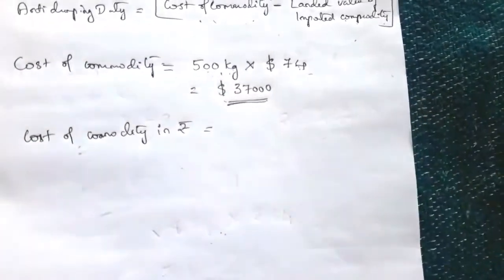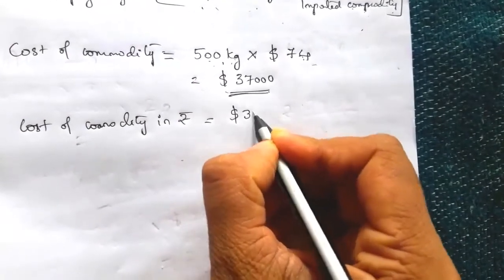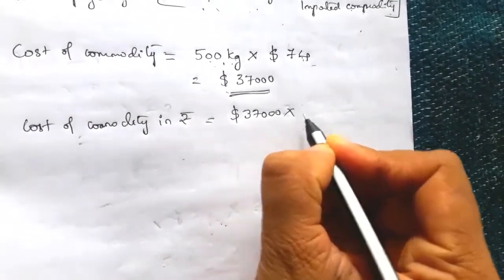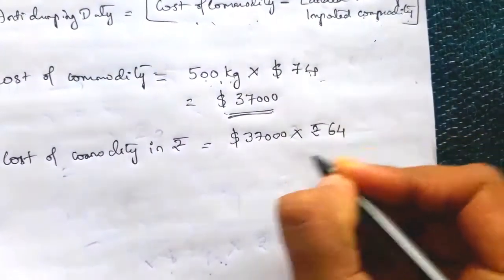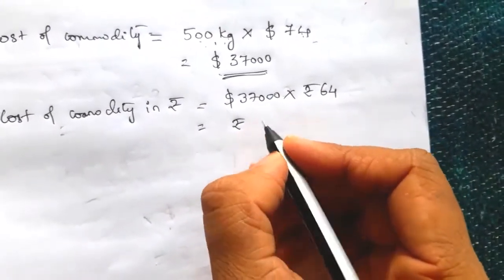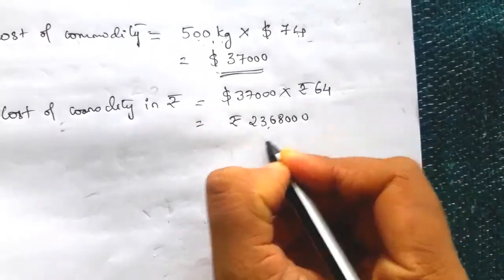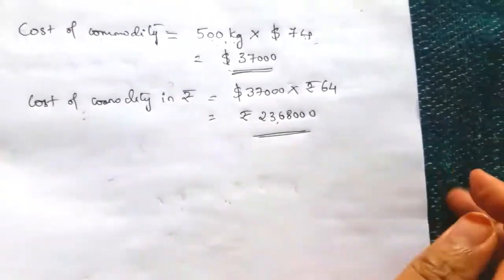If you convert that dollar into Indian rupee, it is $37,000 into the exchange rate, which is 64. So now the answer we get is in the form of rupee, that is rupees 23,68,000, the cost of commodity in rupee.